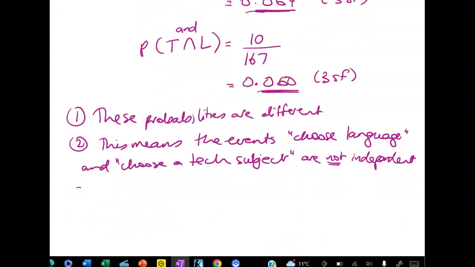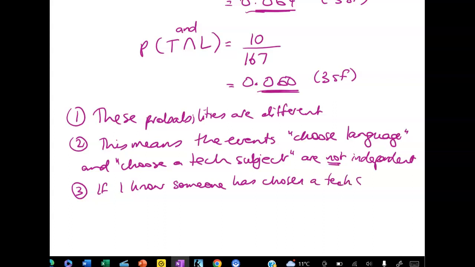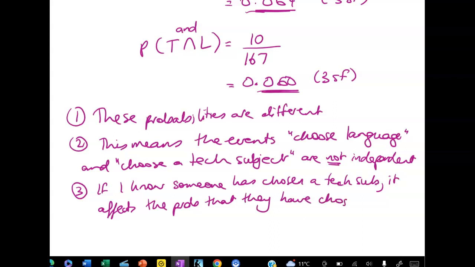And lastly, I'd explain what we mean by it not being independent. And that means if I know someone has chosen a tech subject, it affects the probability that they have chosen a language, and the other way around, or you can just write and vice versa.